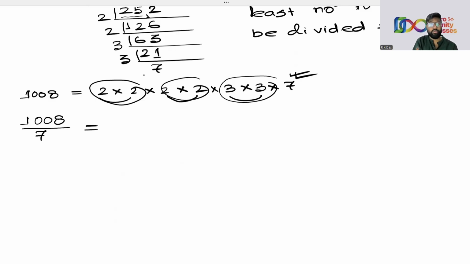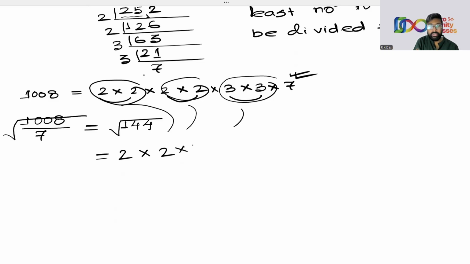We'll be left with 2 fours are 8, sorry, 2 fours are 8, 4 fours are 16, 16 nines are 144. And we need to calculate the square root as well. From this we'll get a 2, from this also we'll get another 2, and from this 3 we'll get a 3. So 2 twos are 4, 4 threes are 12. Perfect.